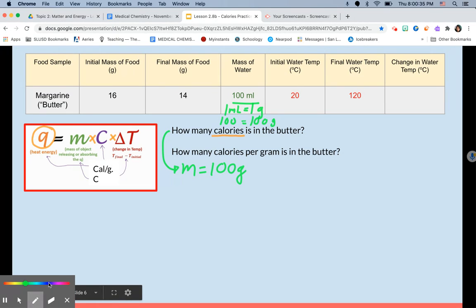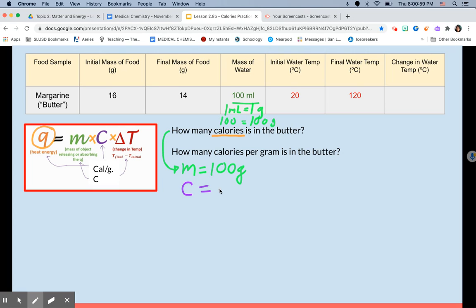So let's talk about C, our specific heat. Remember, specific heat is how easily something heats up or how much energy it holds. In this case, because we're transferring the energy into the water, our specific heat is going to be that of water.